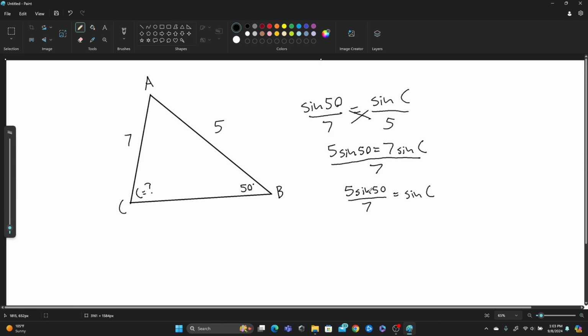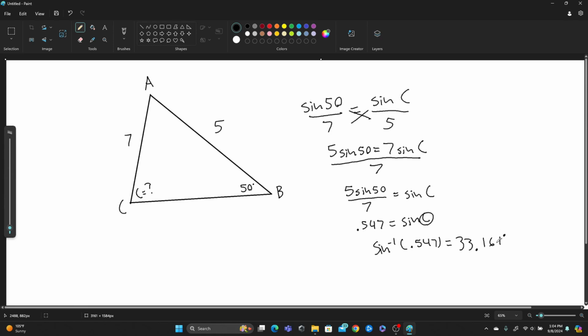So 5 times sine of 50 degrees divided by 7 is going to be equal to 0.547, and that is equal to sine C. So now, to find this angle, we're going to do inverse sine of 0.547, and inverse sine of 0.547 is equal to 33.161.